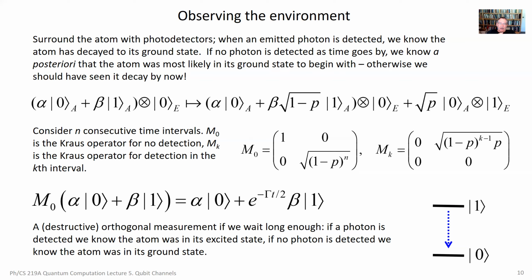But what if no photon is detected? You wait and you wait and you wait, no photon has been detected, you start to get suspicious. Well, in order for no photon to be detected after this long time, it must be that the atom is actually in its ground state all along, okay? So let's see if we can turn that intuition into equations.